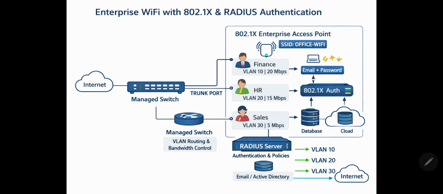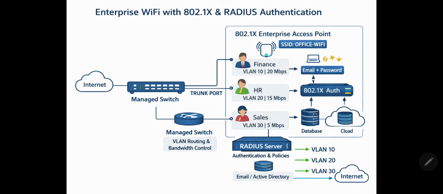802.1X and RADIUS authentication provides a smart solution by requiring users to log in with their own accounts instead of a shared Wi-Fi password. With this system, all employees can use one Wi-Fi network, but each user is automatically placed into the correct department network or VLAN based on their identity.